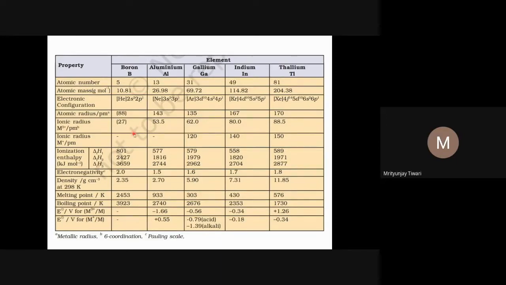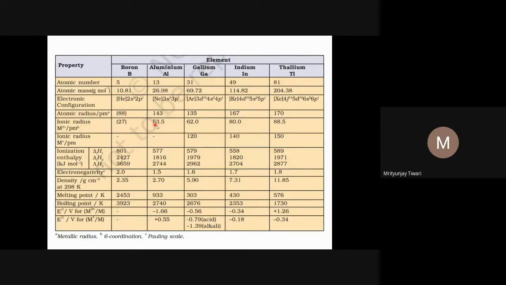If you look, 27 picometer for boron 3 plus, although boron doesn't exist as a plus 3 ion, so this value is for a very unstable state. This is just a predicted value, and here as well you can consider the predicted value.